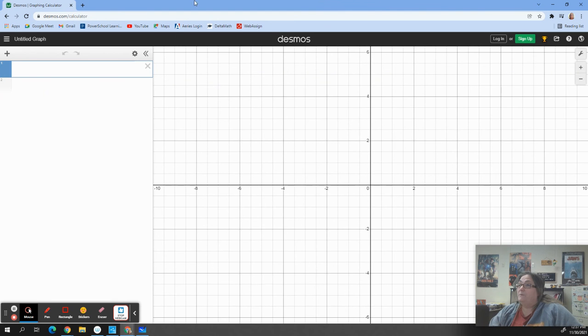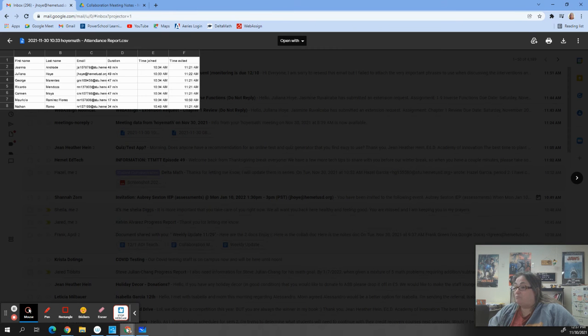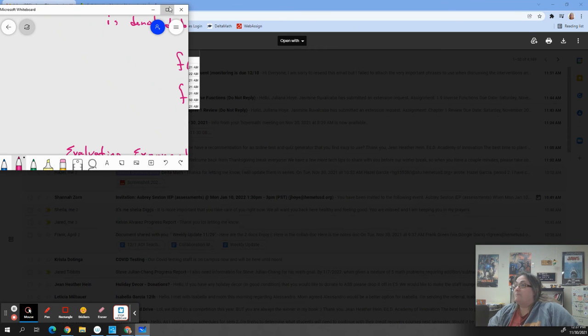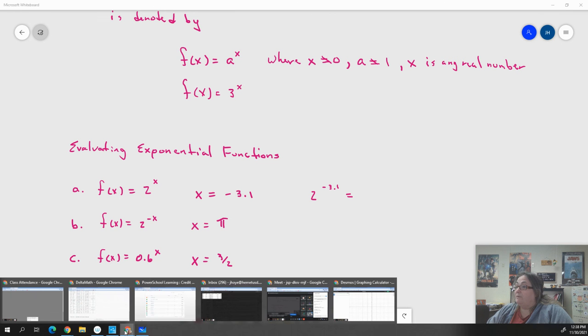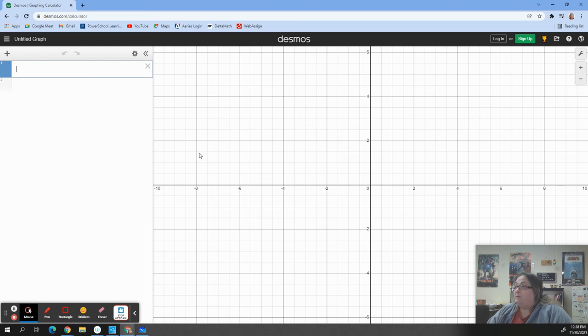Our first one, if you look at it, we did f of x equals 2 to the x power. And we want to know what happens when we plug in negative 3.1 into that power and what that's going to equal. All we have to do is plug those numbers into our graphing calculator, which is right there.